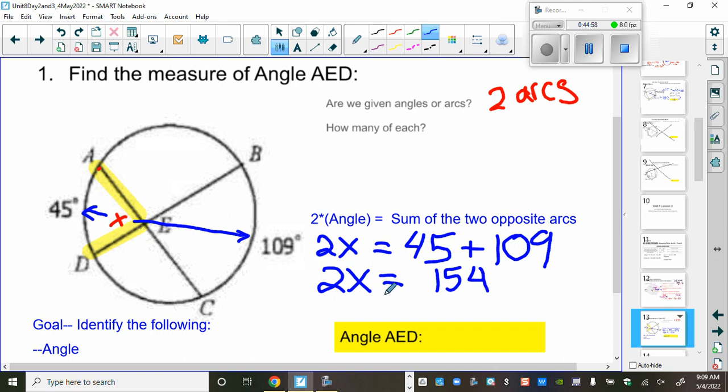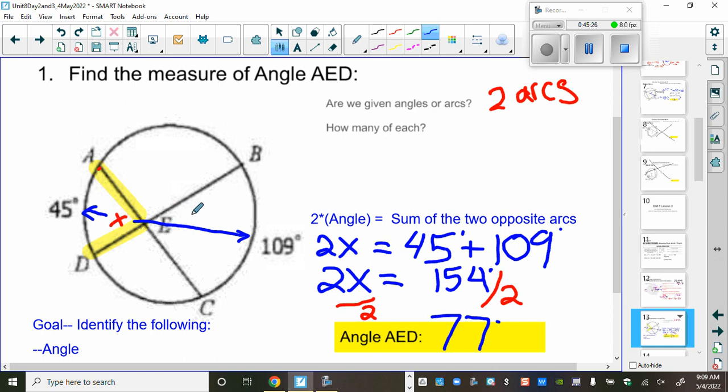Do we say 154 and we're done, or divide by 2? 77. It's going to be 77. 154 divided by 2 is 77. So this x is going to be 77.